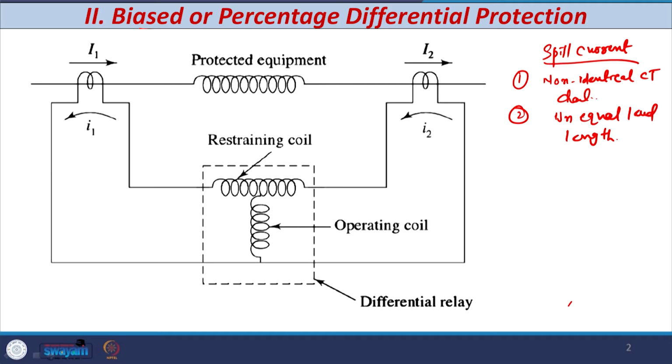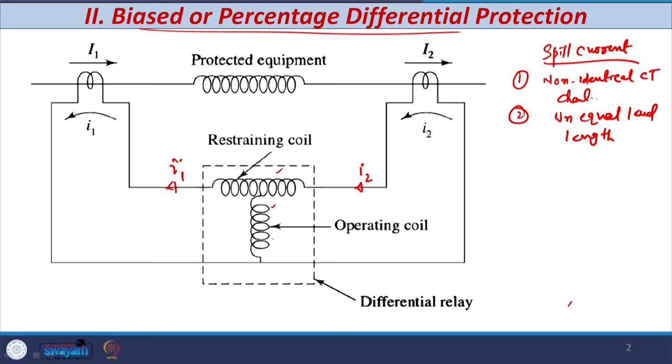So, the remedy is to use the bias or percentage differential protection scheme. In the earlier case, the circulating current differential protection scheme, the relay has only one coil, known as the operating coil, through which I1 minus I2, the differential current, flows. Now, in the bias or percentage differential protection scheme, another coil, known as the restraining coil, is also connected. The operating coil is connected at the midpoint of the restraining coil. The current here is I2, and this current is I1.